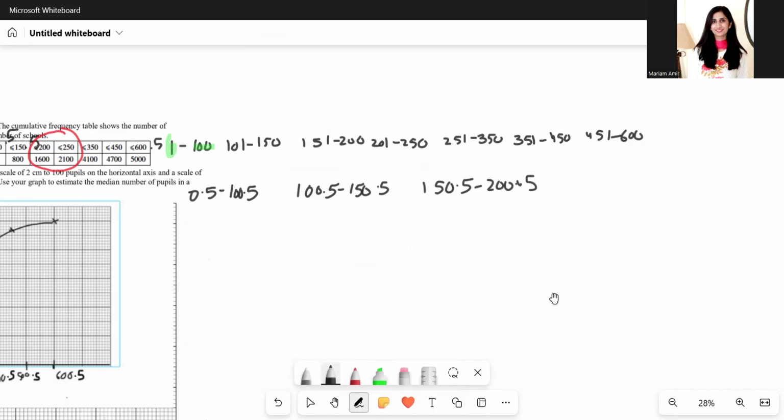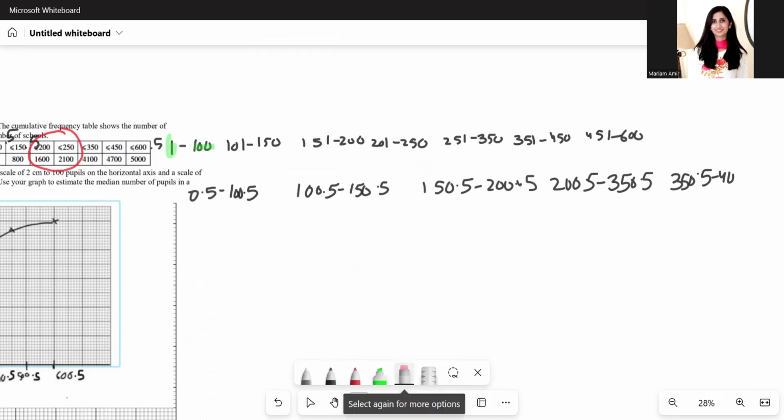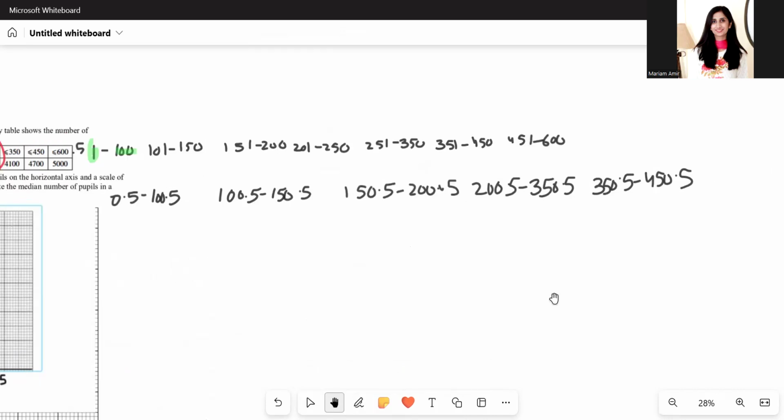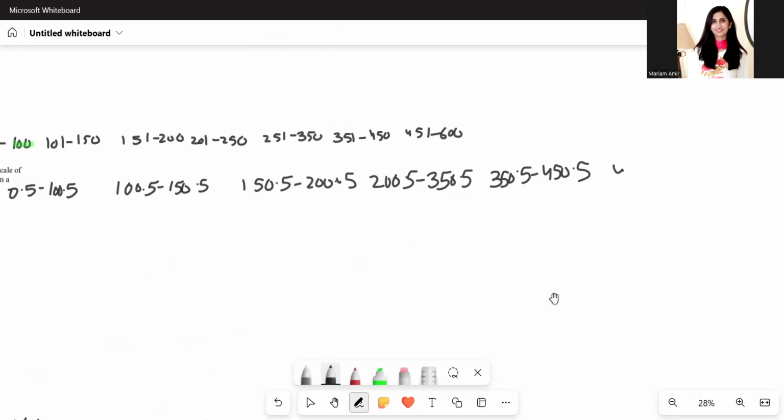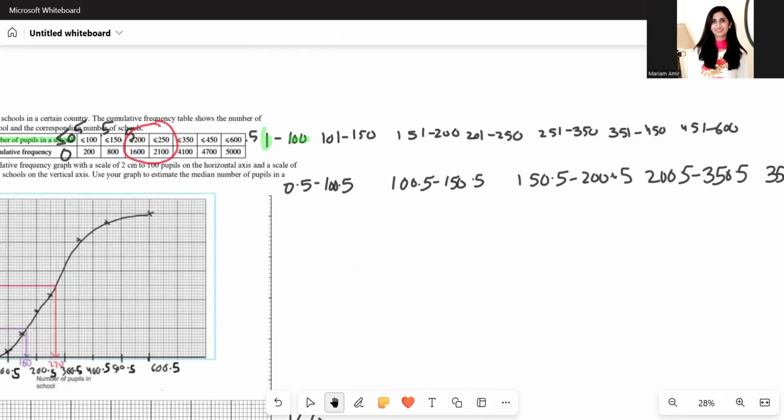Next value will be 200.5 till 350.5, 350.5 till 450.5, and then 450.5 till 600.5. Okay, change the cumulative frequency into simple frequency.